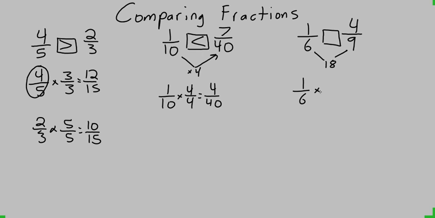So I would take 1/6 multiplied by something gives me a denominator of 18, and 4/9 would give me a denominator of 18. Well, 6 times 3 would give me 18, so it'll be 3 over 3, and 9 times 2 gives me 18. And so 4 times 2 is 8, 1 times 3 is 3. So 4/9 is greater, as 8 is greater than 3.